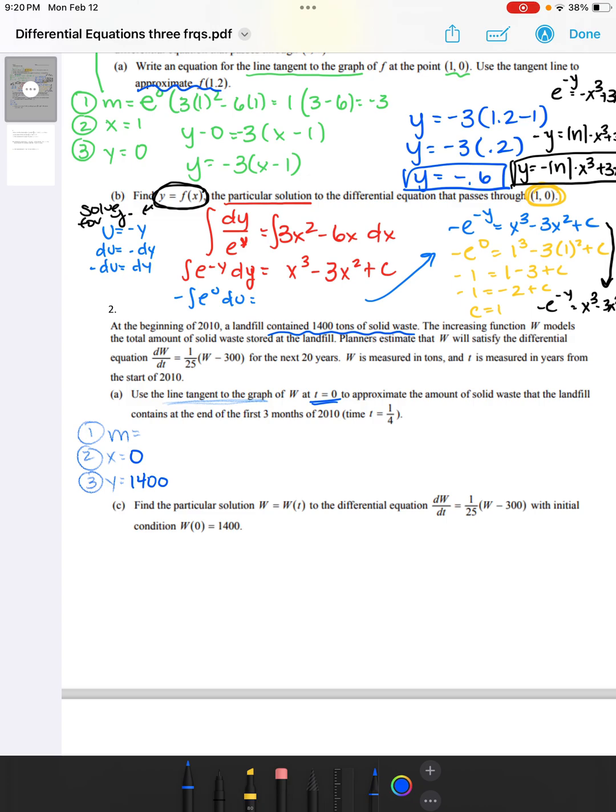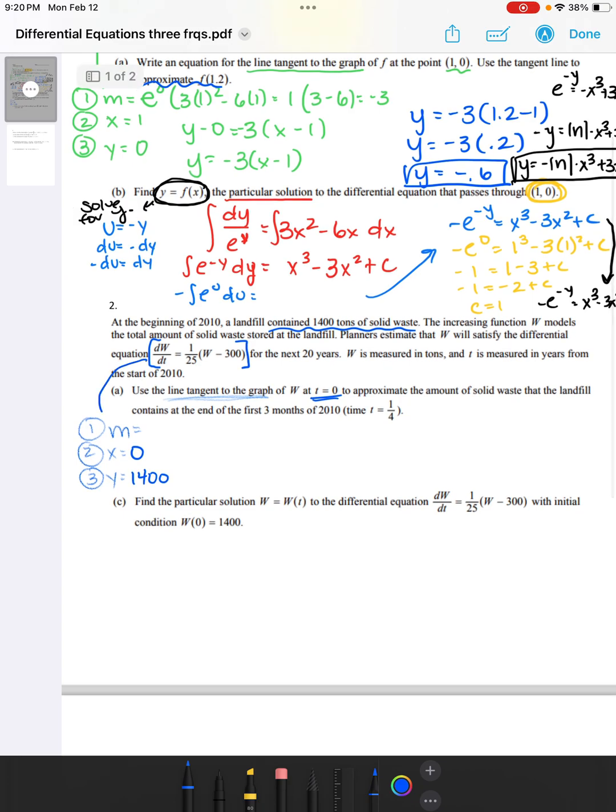Now, since we have this differential equation, the differential equation is the derivative, so that's going to get me my slope. My m is going to be the slope by plugging in 0 and 1,400 into this differential equation. So it's going to be 1 over 25.